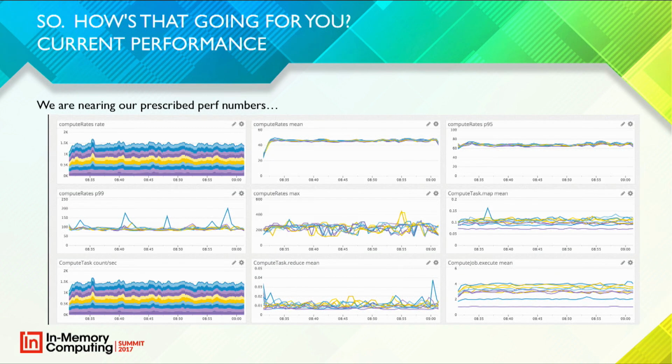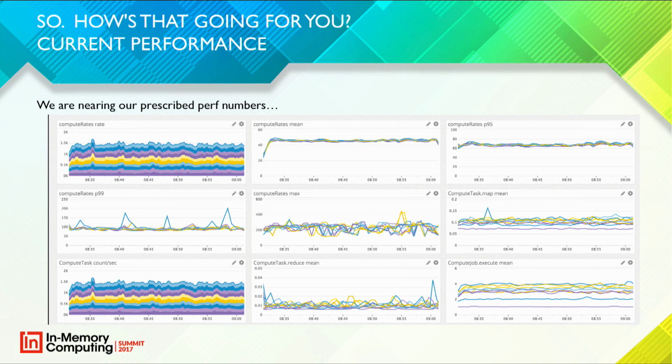So how's that going for us? Well, you saw originally we said that the performance when we started was basically 2,300 batches a second at 40 millisecond P95. We're going into production next month, but we're going to dribble it into production. We'll be fully in production in January, but that has really more to do with business concerns.